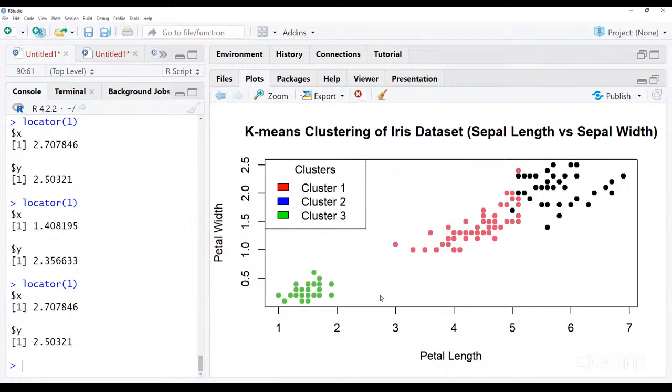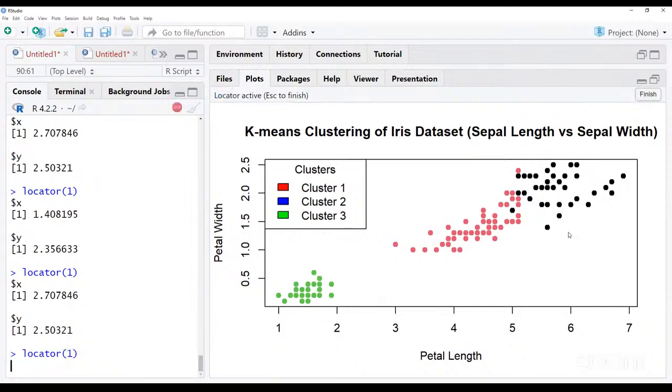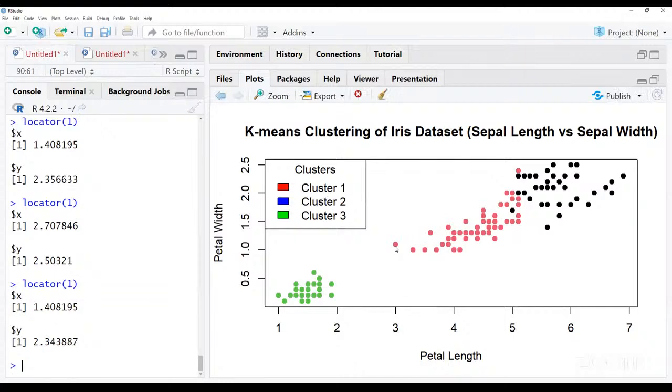Farah, again you click which individual, please. Okay, sir. Black one or the onion color? Onion. Okay, sir. In this particular case, it is 1.40 in case of the X, and in case of the Y, it is 2.34.